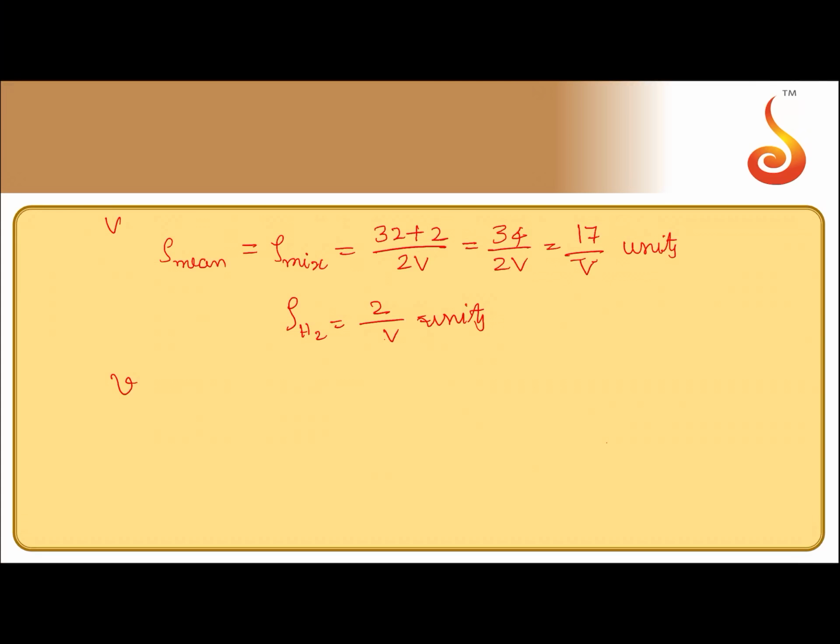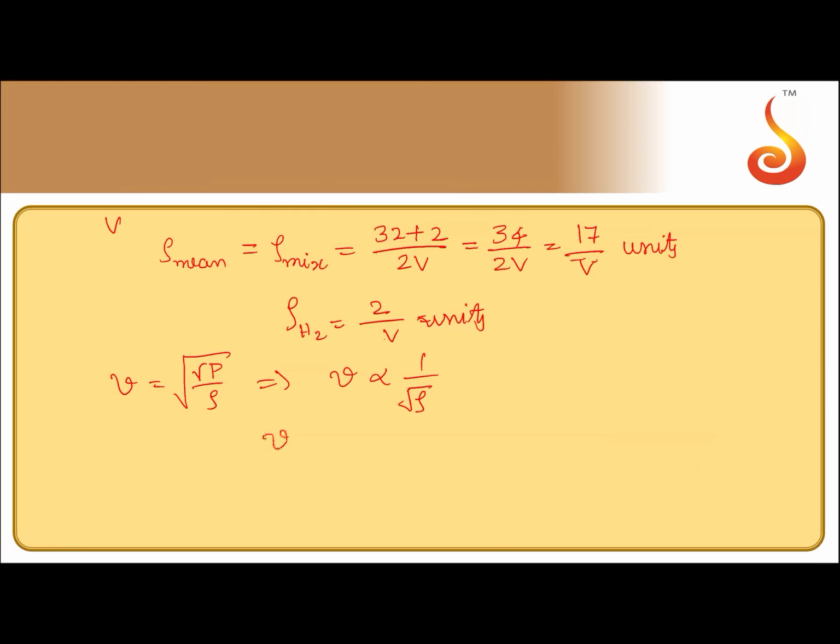Now we know that velocity of sound is given by root of gamma P by rho. So v is inversely proportional to root rho because they are at the same pressure here.